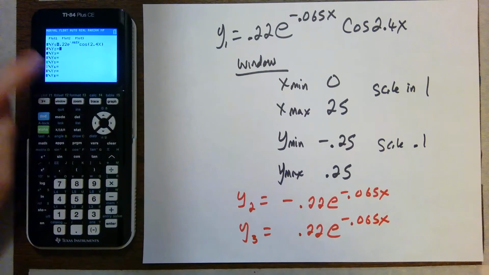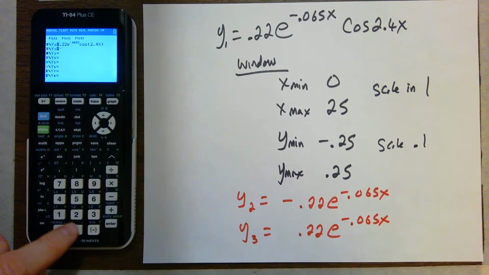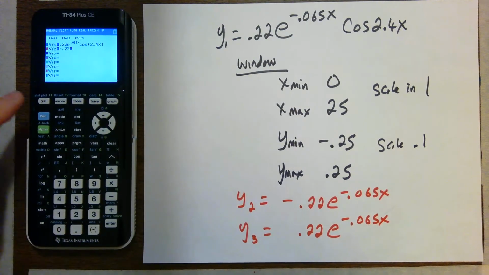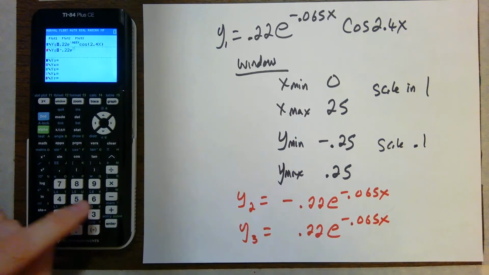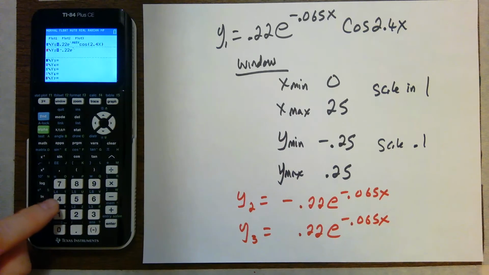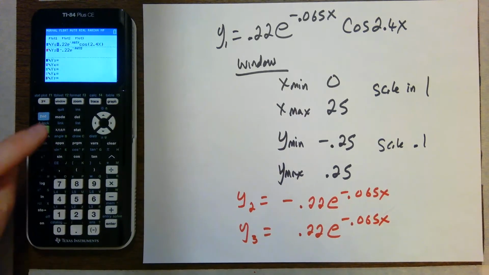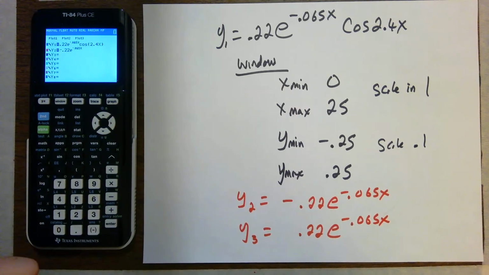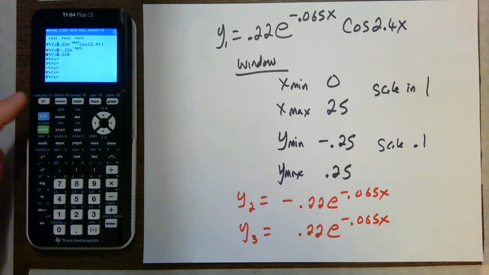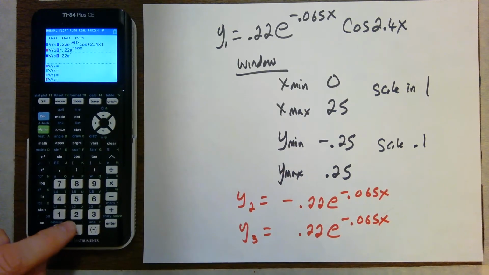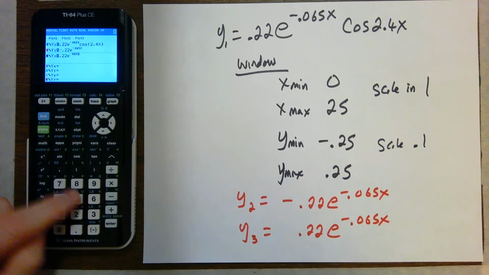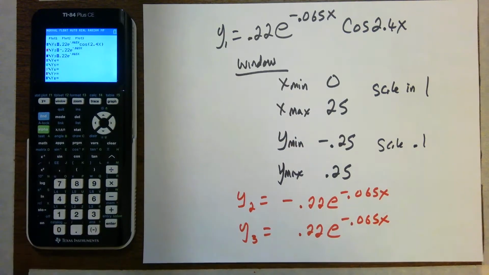So in y2, negative 0.22, and then e to the power of negative 0.065x, and positive 0.22 times e to the power of negative 0.065x.